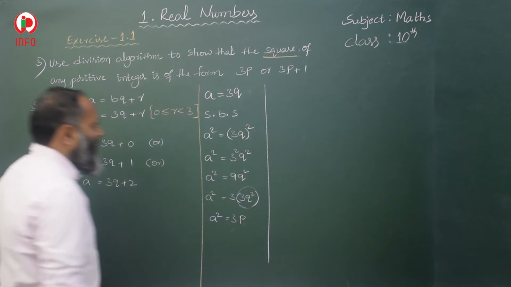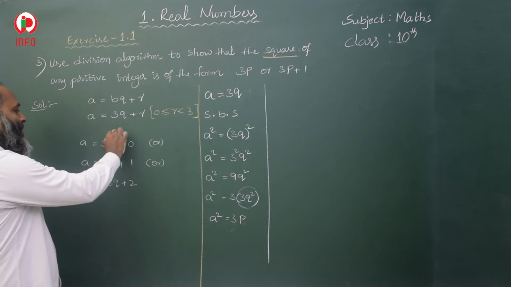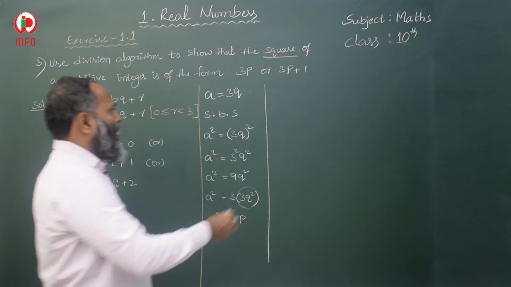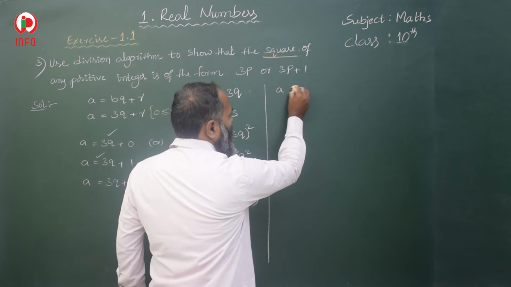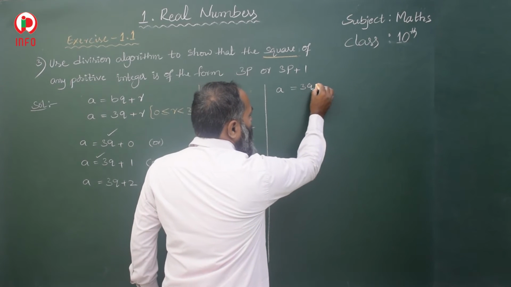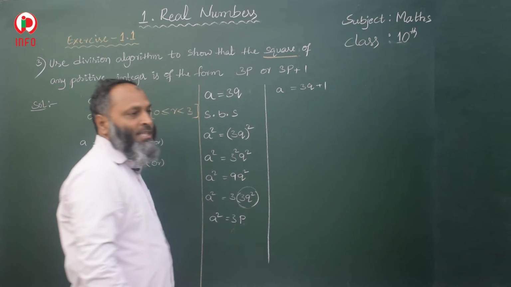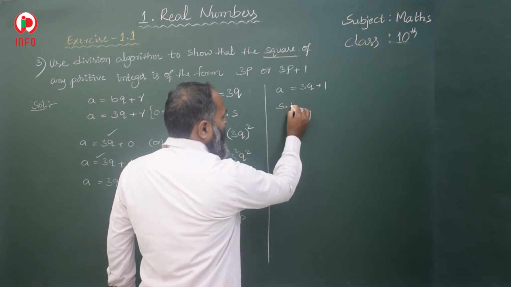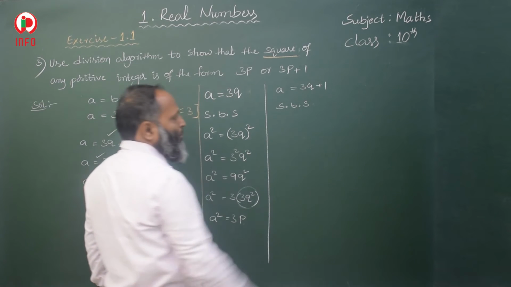Okay, the next one: a is equal to 3p is over. Now a is equal to 3q plus 1 we should take. Now again here also squaring on both sides.